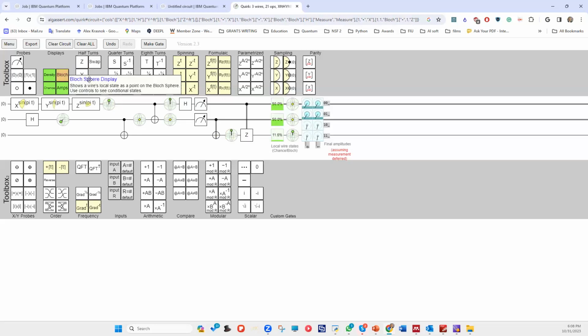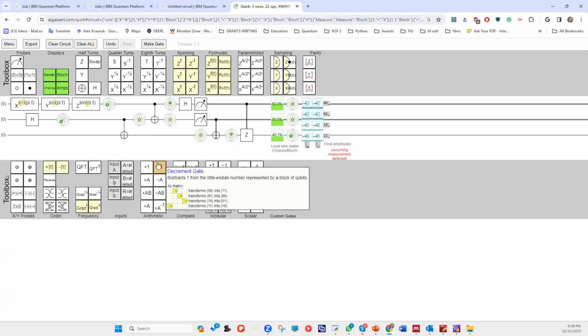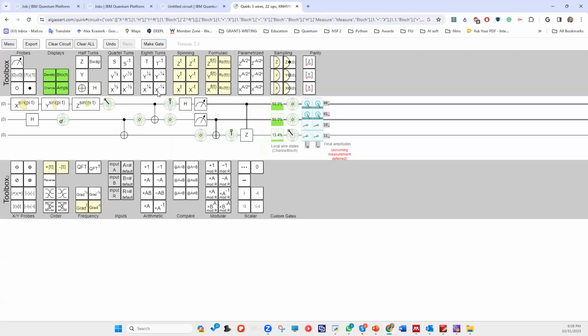Basically, you see the dynamics of the circuit in every qubit and on each layer.